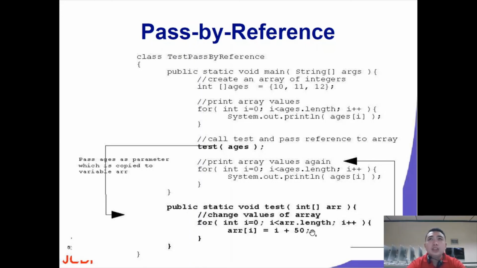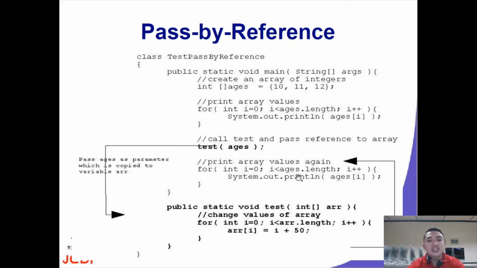Just imagine, because I don't have any whiteboard to record on, that the ARR array here is being changed into different values. And then once it is changed and the method ends its execution, it will go back to the method that called it, which is the main method. And then it will print the values again.